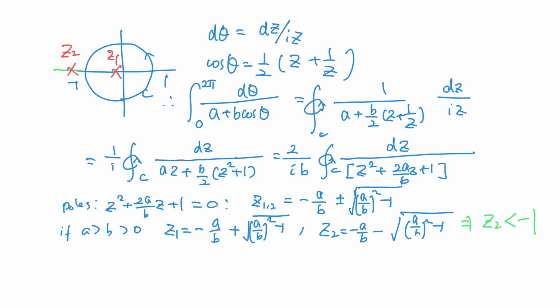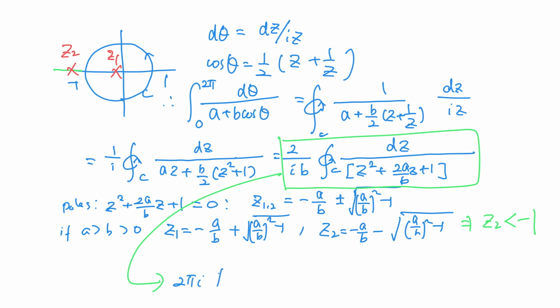So we only need to care about this integral, which becomes simply 2 pi i times the residue at z1, right? Because we don't have to worry about z2, it is already outside of this circle.